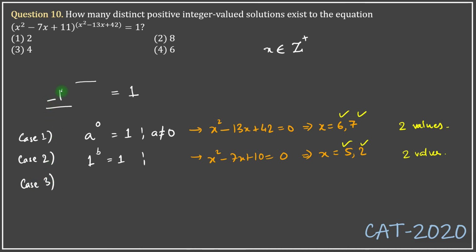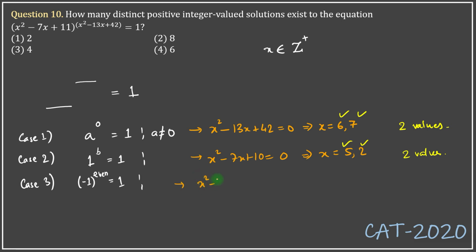that minus 1 raised to any even power is also 1. So let me check if the base is minus 1 at any positive integer value and simultaneously the power is even. So I'll take two cases here.